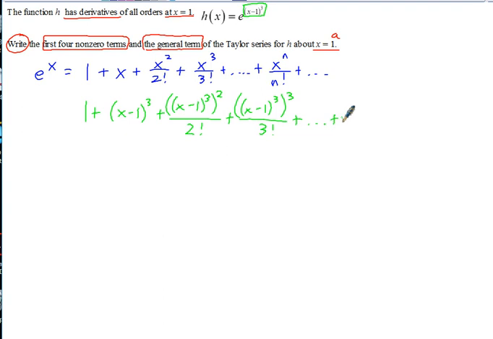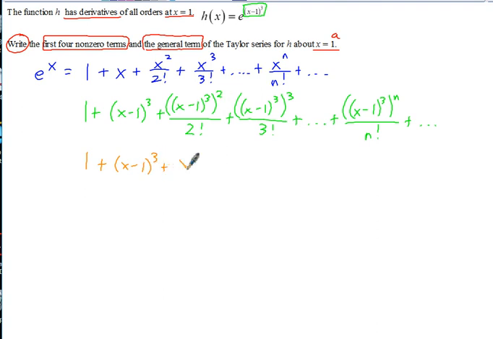Our general term would be x minus 1 cubed, just like here, to the nth power over n factorial plus dot dot dot.